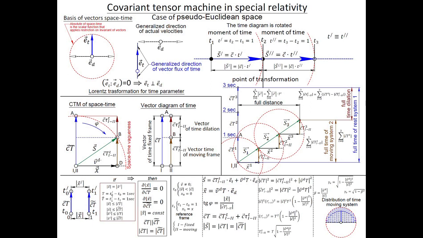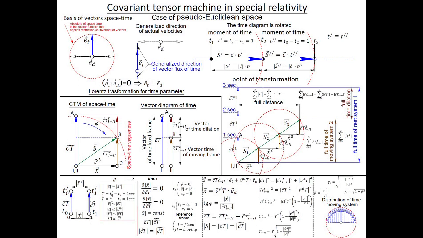These frames are separated by the action space interval of modulus x. Small t with lower index 0 and small t with lower index 1 are the initial moments of time of each reference frame, 0 and 1.